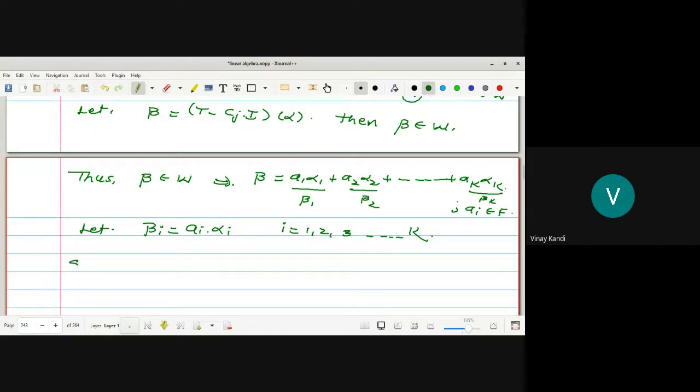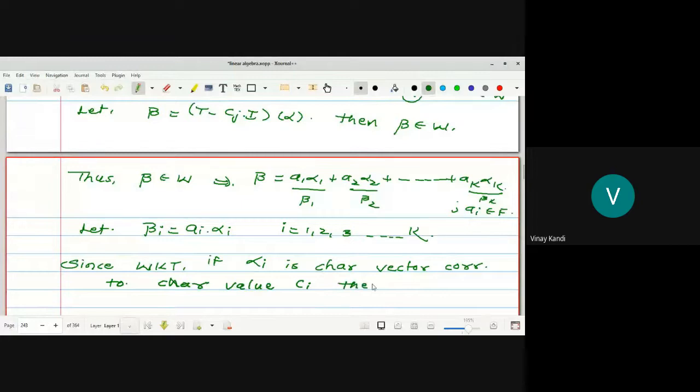Okay, since we know that if alpha i is a characteristic vector corresponding to characteristic value ci, then ai into alpha i is what?